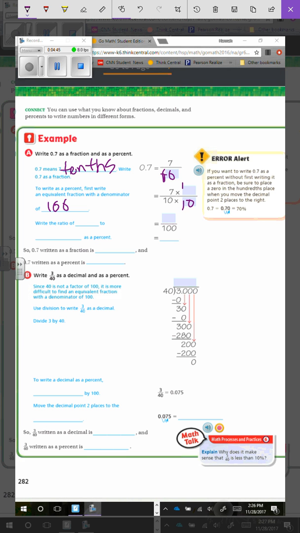That means we also have to multiply the numerator by the same thing, so 7 times 10 gives us 70. 70 over 100, and to write the ratio of 70 to 100 as a percent gives us 70%. So 7/10 written as a fraction is 7/10, and 7/10 written as a percent is 70%.